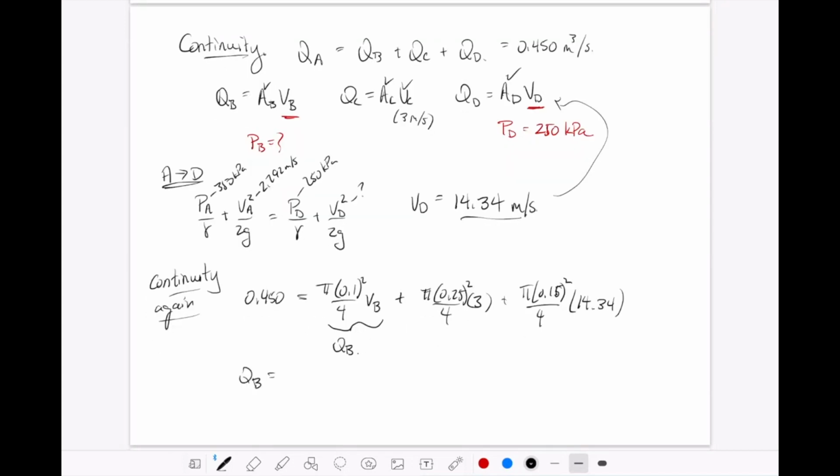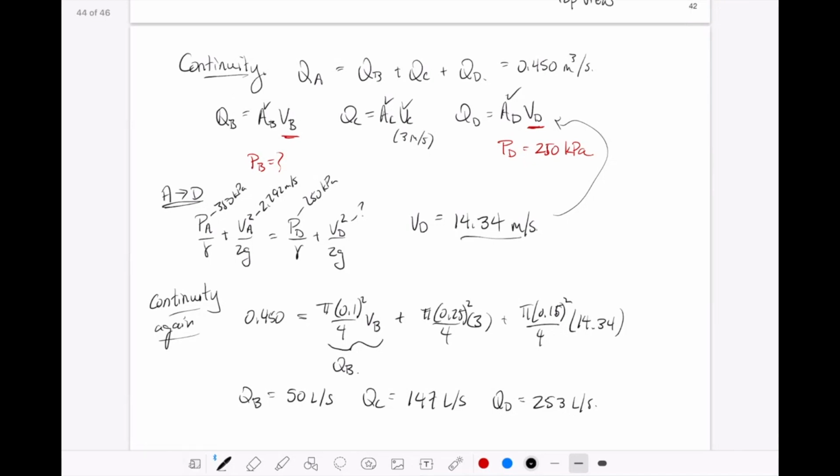QB would be 50 liters per second. Therefore, QC would be equal to 147 liters per second, and QD is equal to 253 liters per second.